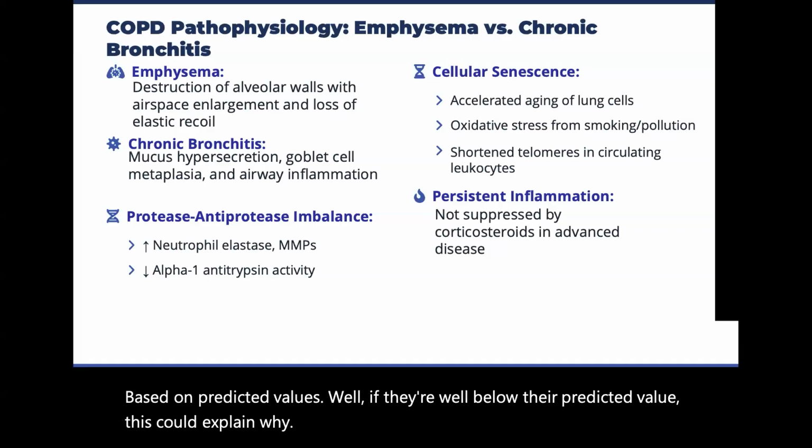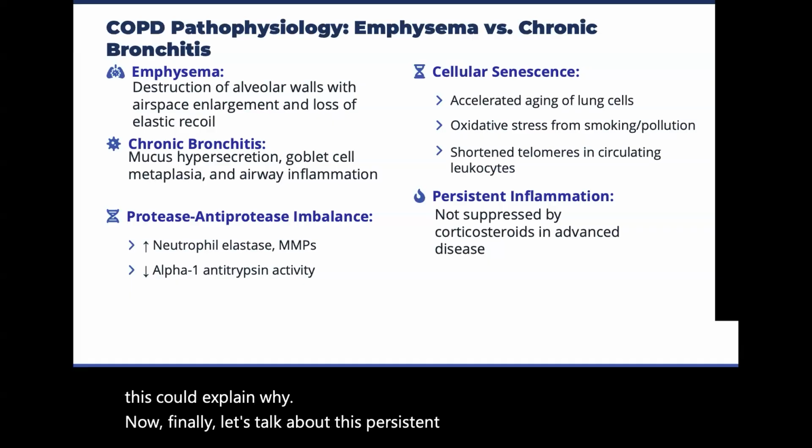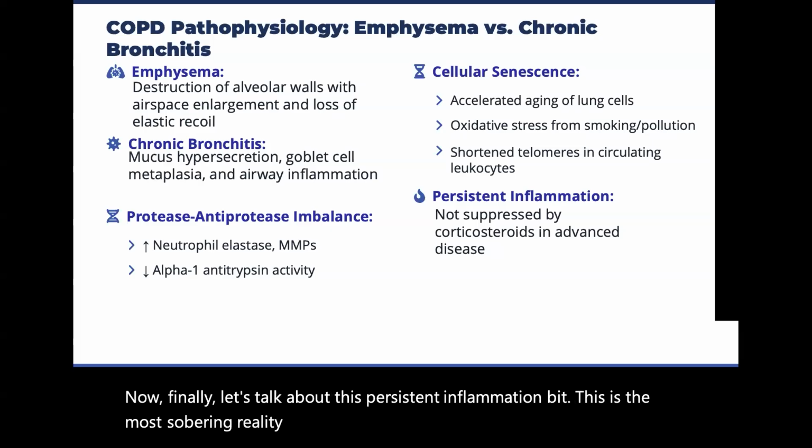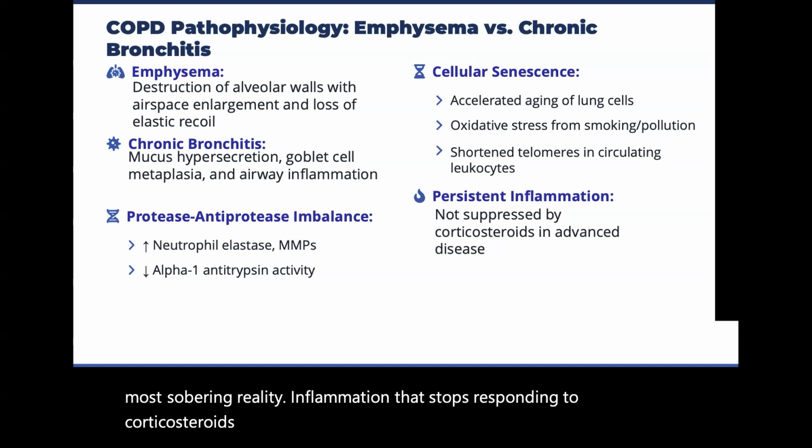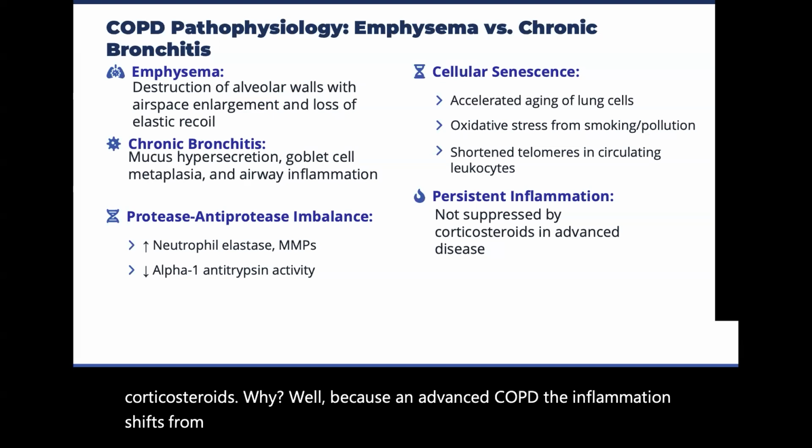Now, finally, let's talk about this persistent inflammation. This is the most sobering reality: inflammation that stops responding to corticosteroids. Why? Well, because in advanced COPD, the inflammation shifts from eosinophilic, steroid-sensitive to neutrophil- and macrophage-driven, steroid-resistant phenotypes.